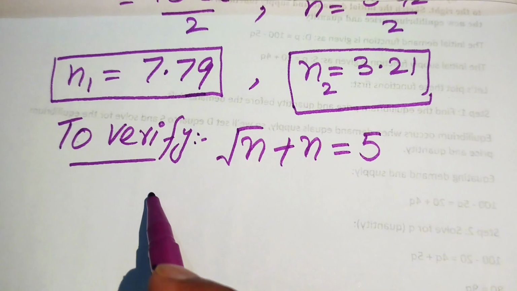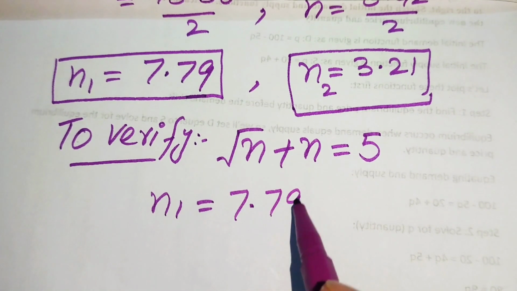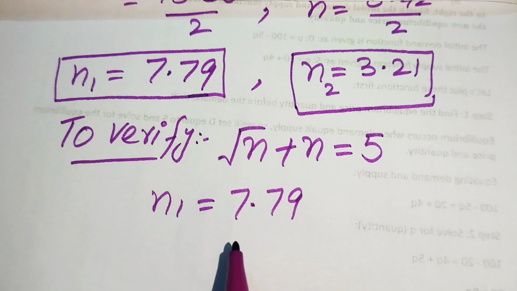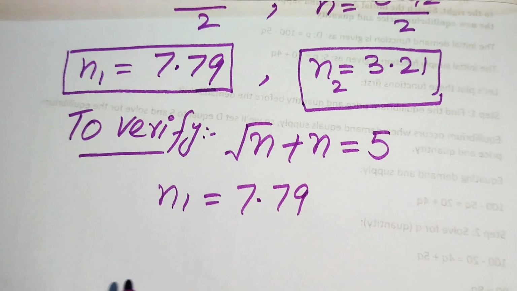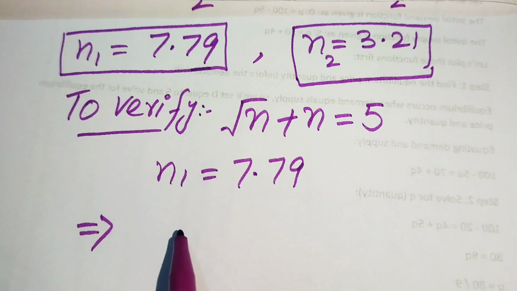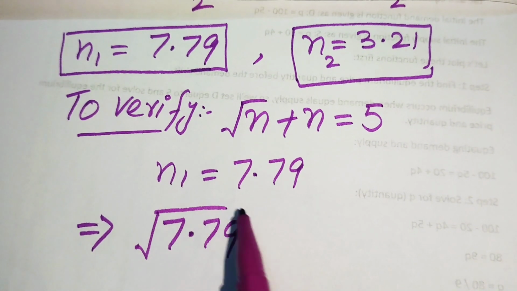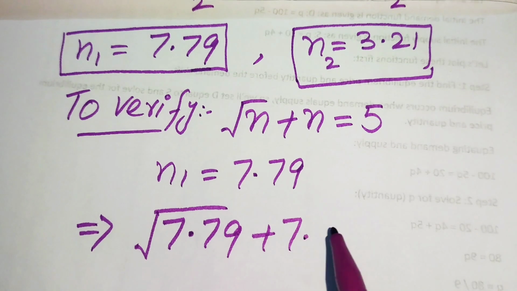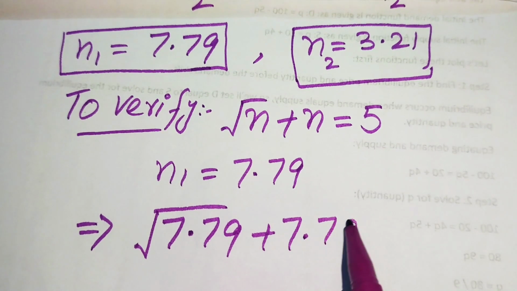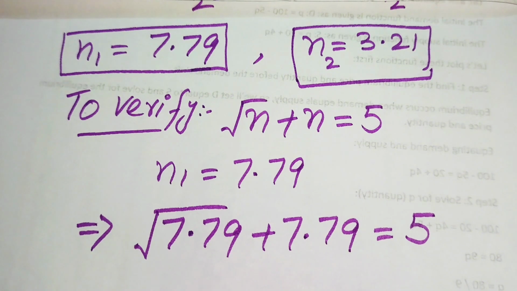Now first we verify our n1, and n1 is 7.79. So when we substitute this value here, it will be written in this form: square root of 7.79 plus 7.79 is equals to 5.